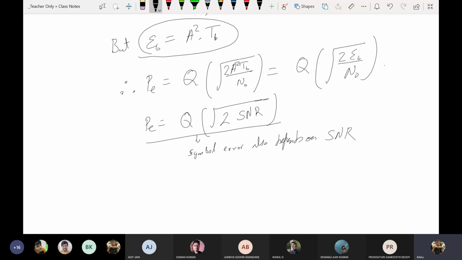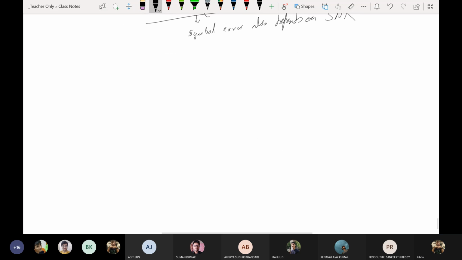And I'll simply write out the Q function table from your textbook to give you an idea of how this behaves.